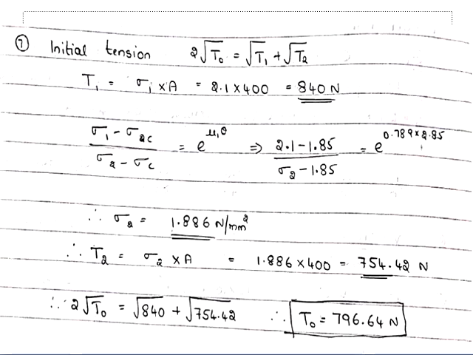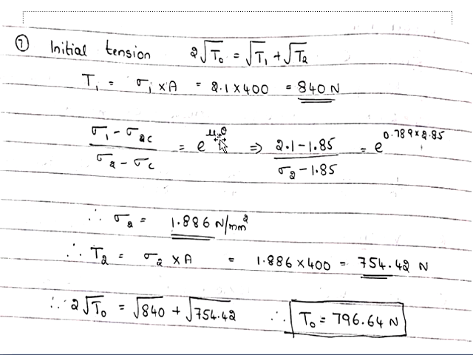Now I have to calculate initial tension also. There is a sub question. You have to find out initial tension also. So this is the equation used to find out initial tension. In this equation, T1 is given by sigma 1 into area. Area is given in the question. Sigma 1 is also given in the question. You can get T1. Next, I need sigma 2. You can find sigma 2 using this equation.